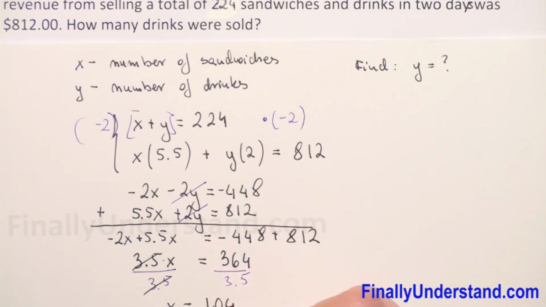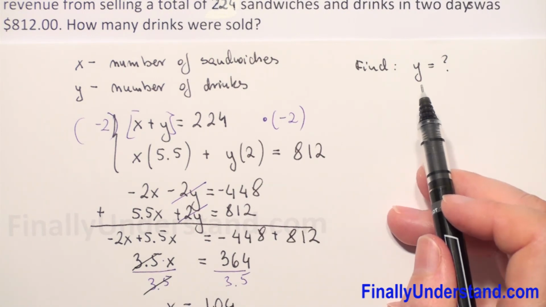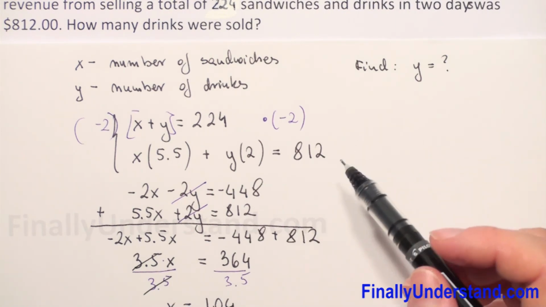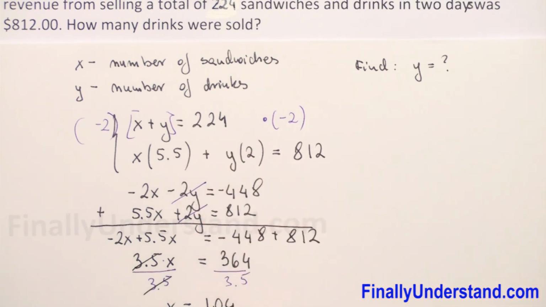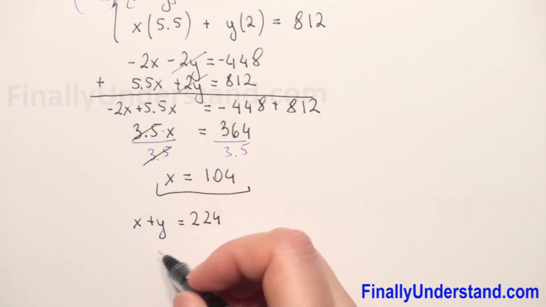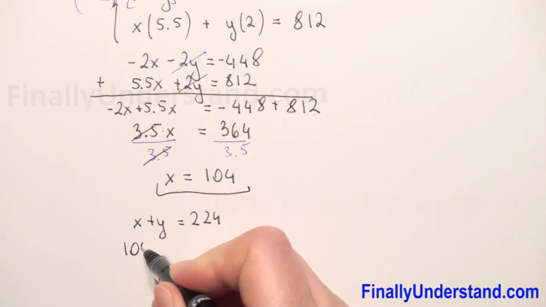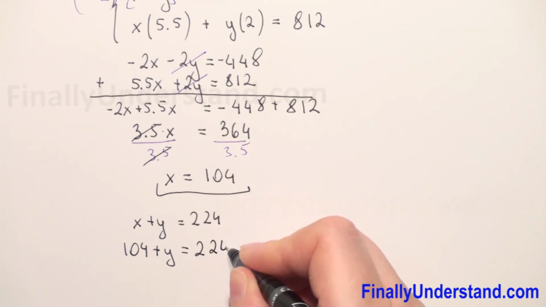We found x, but we need to find the y, the number of drinks. So we will use the first equation. We have that x plus y is equal 224. We know the x, so we will substitute x by 104: 104 plus y is equal to 224.